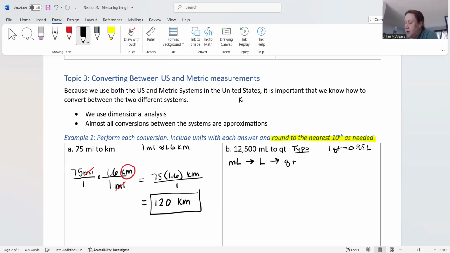So we can say kilo, so KL, hecto, deca, a single liter, deci, centi, and milli. So we're starting with milli, and we want to go all the way to liter. That means we need to move 1, 2, 3 times to the left, which basically means we need to divide by 10 3 times.